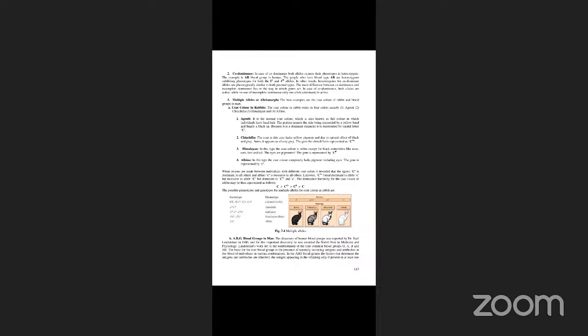In the ABO blood groups, there are genes which determine the antigens. The antigen appears in the offspring only if at least one of the parents has it. The two antigens discovered by Landsteiner are A and B.